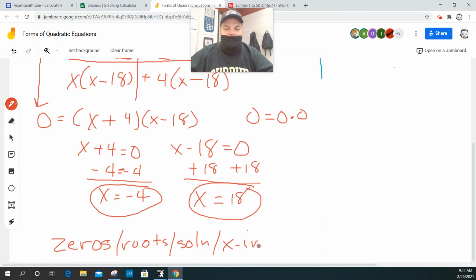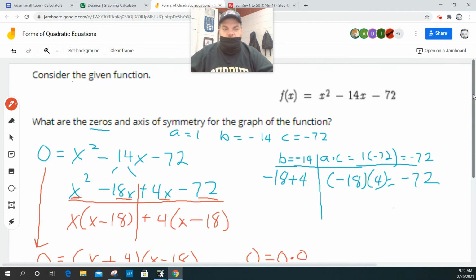Why are the X-intercepts? Because that's when y equals 0. Okay? So my zeros are x equals 18 and x equals negative 4.